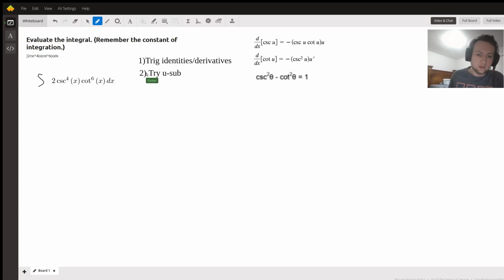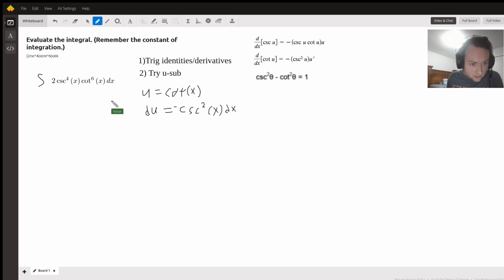So next we have to do u substitution. And this is possibly where you got stuck, because we don't just do normal u substitution. We're going to start with u equals cotangent of x. And the reason we're doing that is because when we take the derivative, that's going to be equal to negative cosecant squared of x dx.